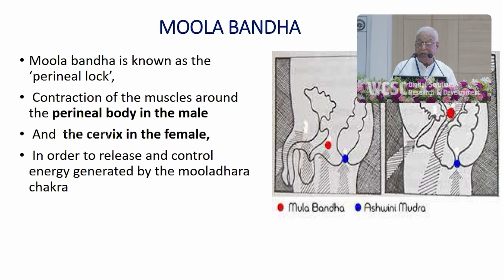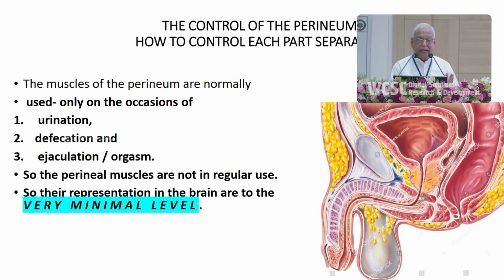So here Mulabandha plays the main role in the integration of neurological and endocrinological function. We know how Mulabandha operates, and what I want to specifically say is, in the perineum, that is in the Kundi area, though we daily urinate, ejaculation is there, defecation is there, all are happening on their own.